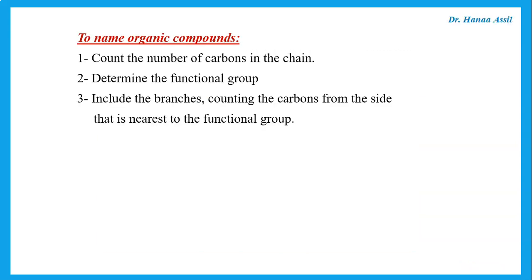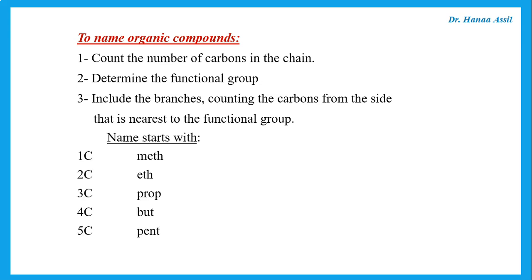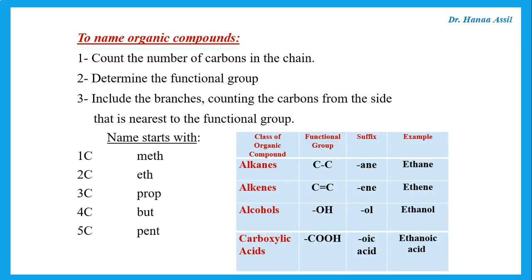How do we name organic compounds? The first thing is count the number of carbons. If we have only one, it's meth, 2, eth, 3, prop, 4, but, 5, pent. And then you determine is it meth-what or eth-what from the functional group. So if you can see only single bonds, nothing else, then the name should end with ane. So methane, ethane, propane, and so on.